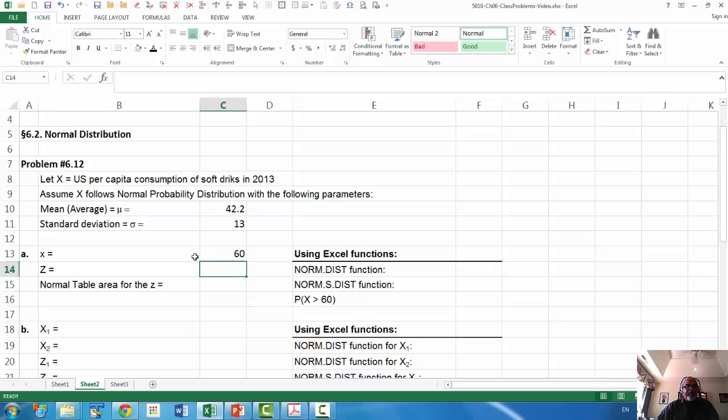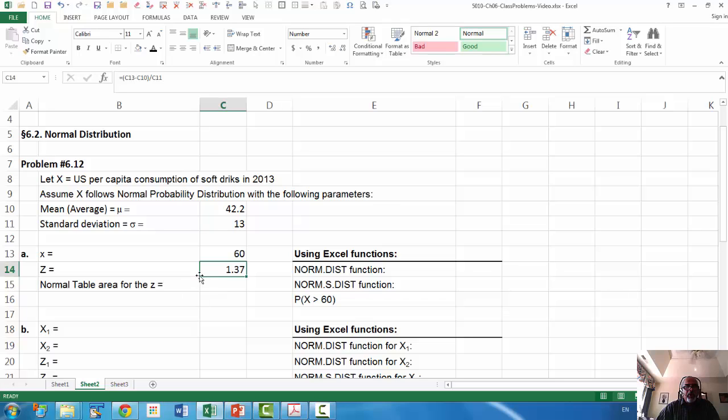Now to find z, we go x minus the mean, and then divide by sigma. So that gives us the z value.